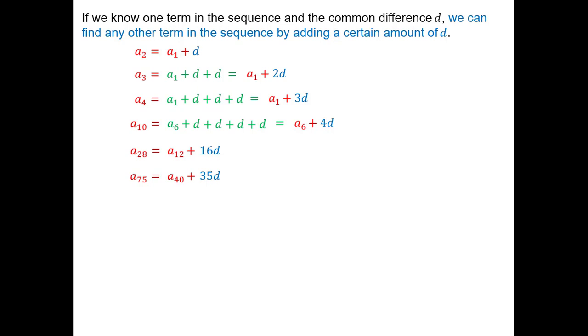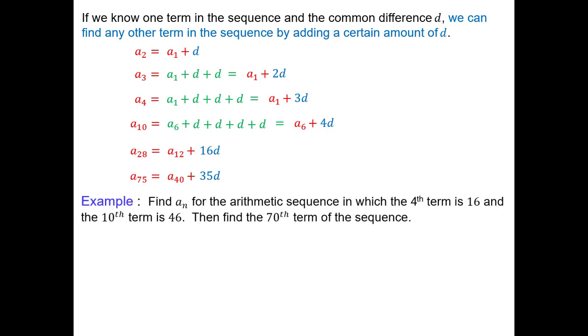So this property is what's going to allow us to have any terms within a sequence and find the remaining terms. Let's say that we have the 4th term, which is 16, and the 10th term is 46. That means that A4 is equal to 16, and A10 is equal to 46.